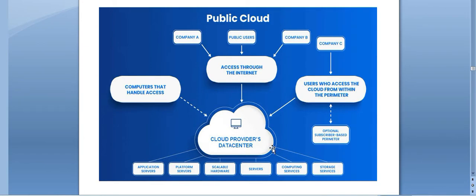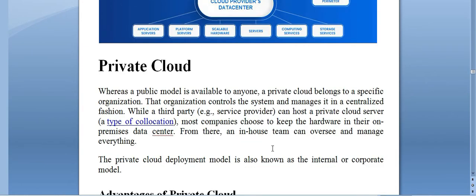Okay. Then private cloud, whereas a public model is available to anyone, a private cloud belongs to some specific organization. Like if you have different institutions, and in the whole world there are different companies, and every day they produce some product and deliver it in the market.